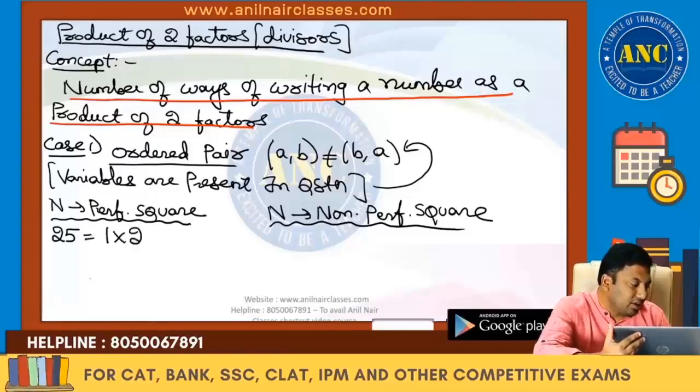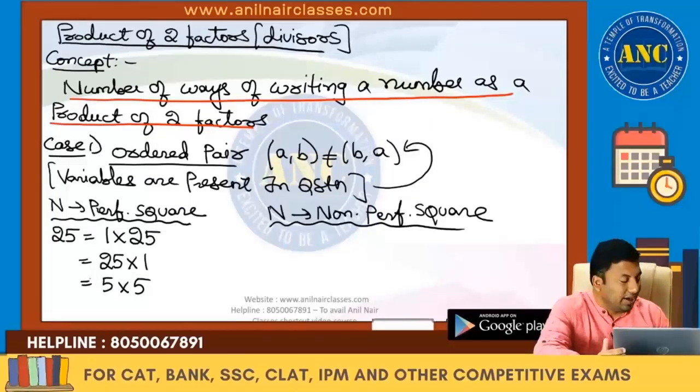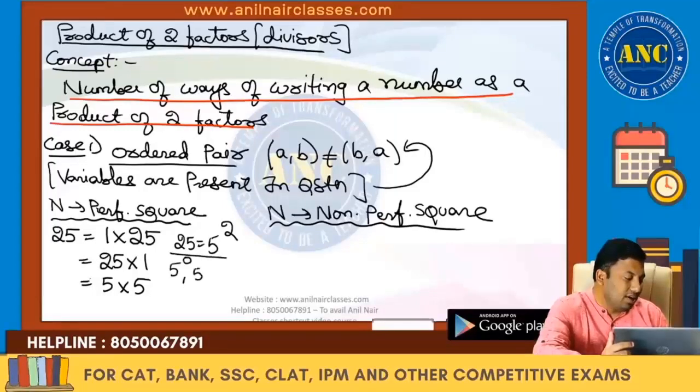25 is 1 into 25. Reverse is also valid, 25 into 1. 5 into 5, and the reverse is also 5 into 5, so you don't need to write it again. 25 is nothing but 5 square. How many factors are there for this number? 5 power 0, 5 power 1, 5 power 2.